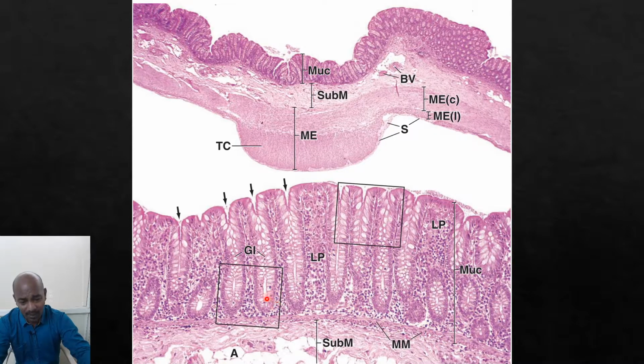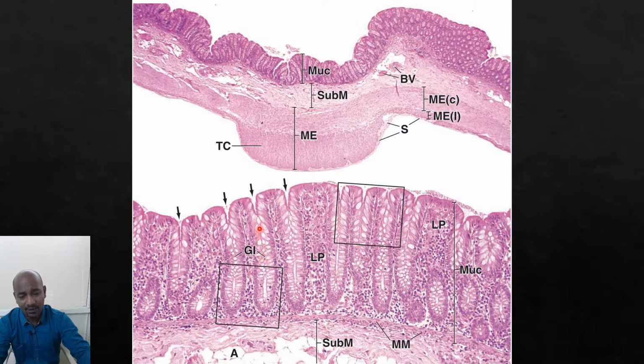So the goblet cells are also derived from these stem cells, and the goblet cells go on accumulating mucin, and they also keep on secreting the mucin. Initially the secretion is not very fast, so they accumulate more and more mucin, so they become prominent in the middle of the intestinal glands.